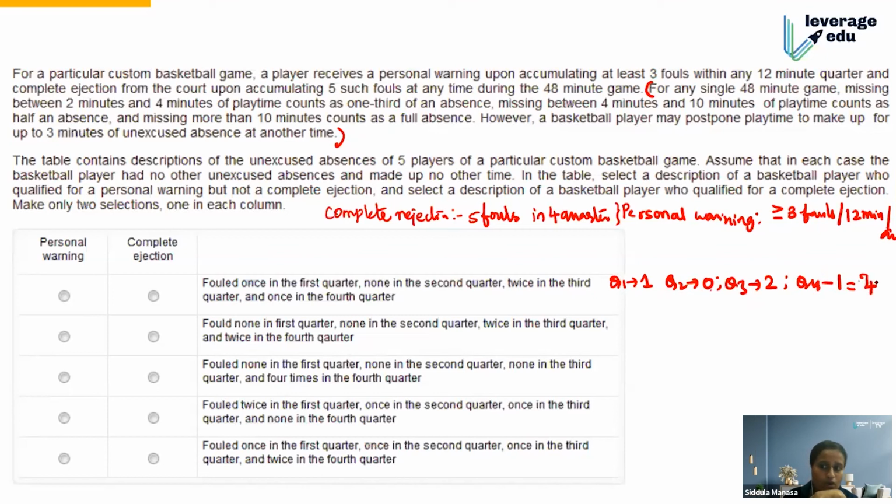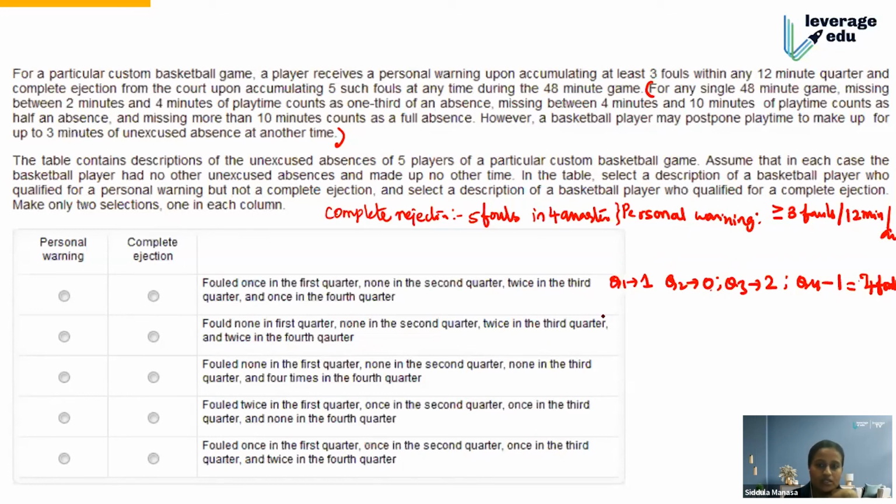Overall, you're getting 4 fouls. So what does these 4 fouls tell? In the overall game, you will be rejected if you have 5 fouls in the 4 quarters, right? And the individual quarter description tells greater than or equal to 3. Neither of them is being satisfied. So definitely it's not a personal warning or a complete ejection.